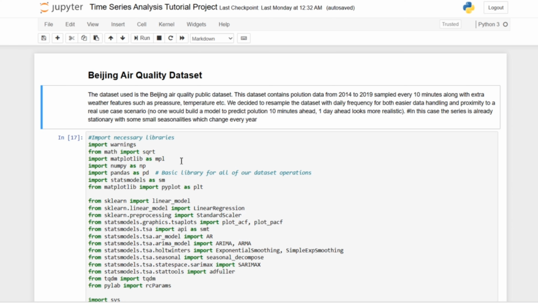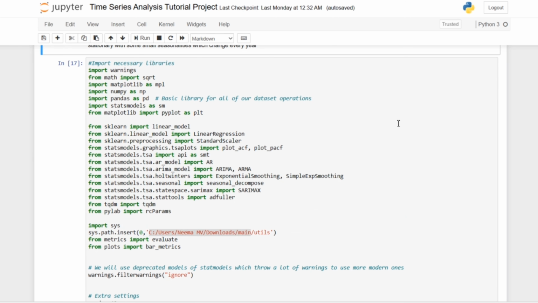The first cell is none other than importing the necessary libraries. We have all the common libraries, such as square root from math, because we are doing certain calculations while running the models, and then matplotlib, numpy, and pandas. Statsmodels is something we use for calling the time series related models, which you will see later in the video.